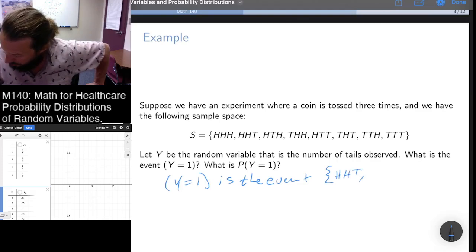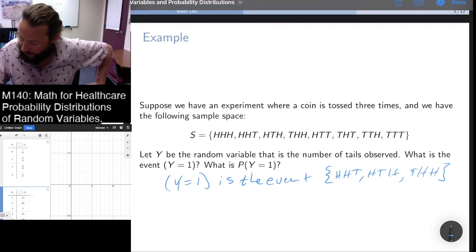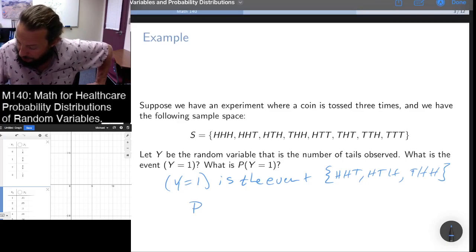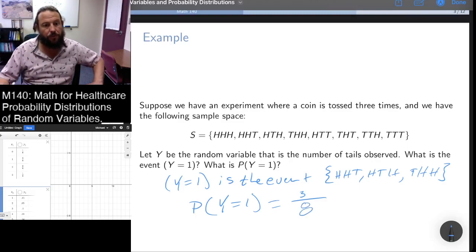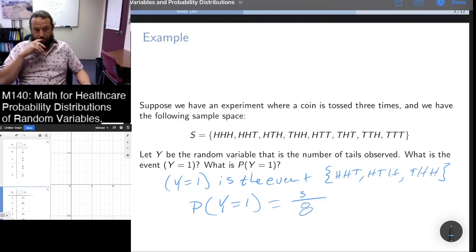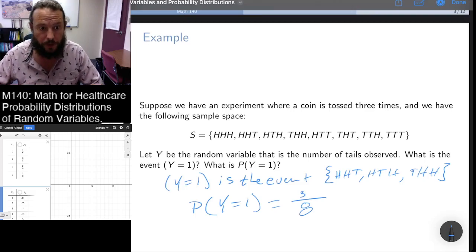Heads, heads, tails, heads, tails, heads, and tails, heads, heads. All right, that's the event. And the probability that y equals 1 is then 3/8. We've seen this before. We know this already, right? Good. Okay.